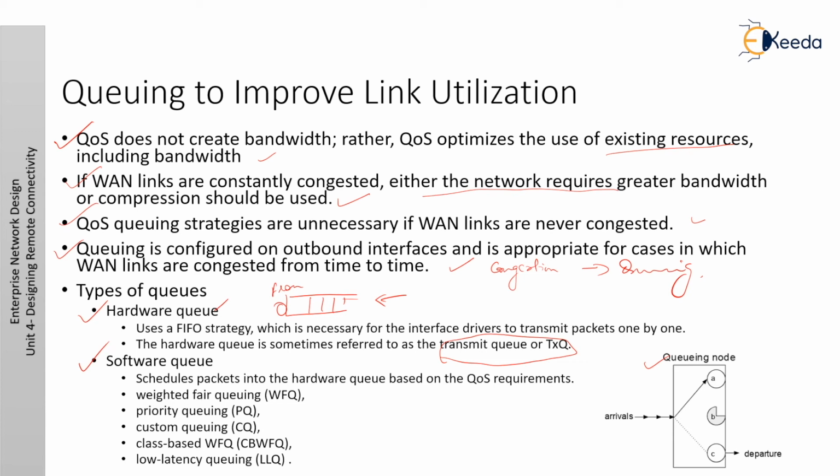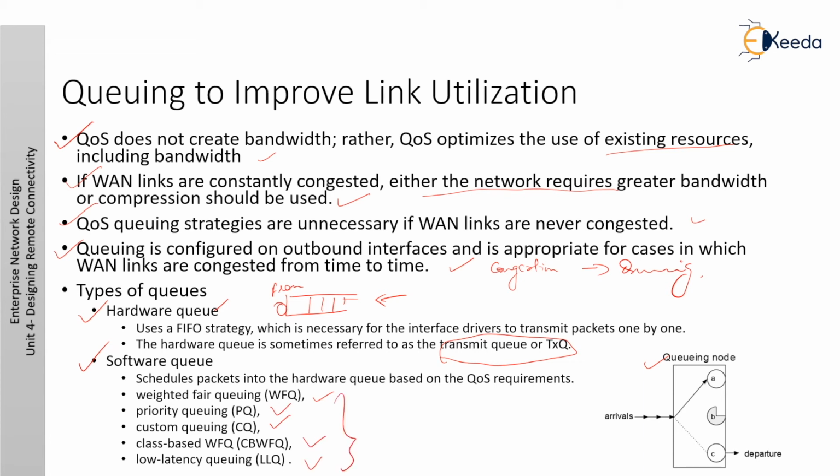Now come to software queue. It schedules packets into the hardware queue based on the quality of service requirement. There are different queues in software queue: weighted fair queue, priority queue, custom queuing, class-based queuing, and low latency queuing.